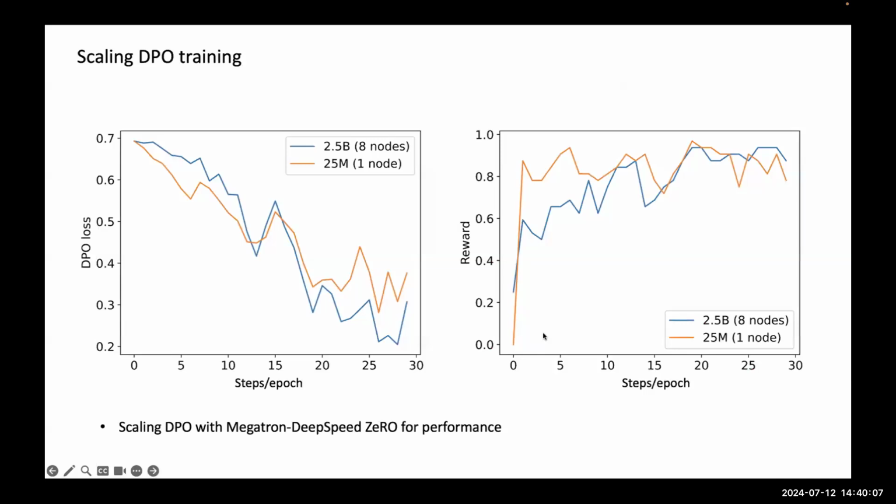So I just want to quickly show you how we scaled it. I did my own custom implementation of DPO on our methods, so that it was more intuitive for me to see how we can scale them and so on.